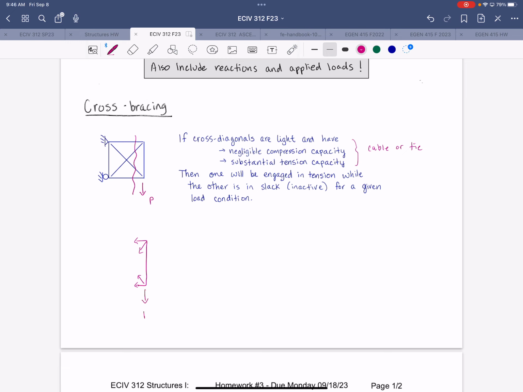But with an external load in the downward direction, we should be able to readily tell which one of those cross diagonals is active. So which one in this scenario is going to be active in tension to resist that downward load? Can you tell?